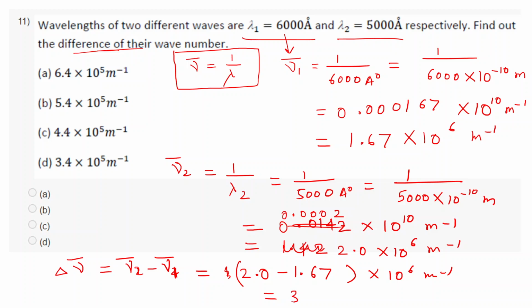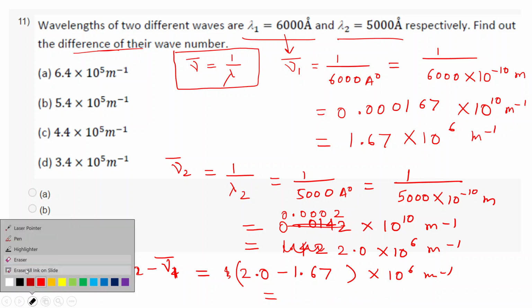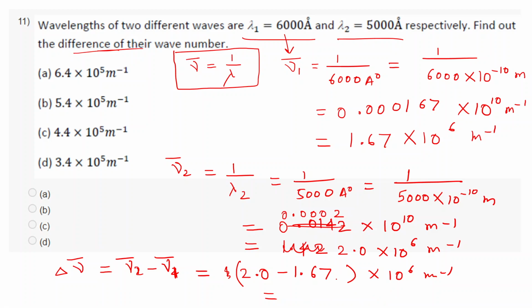So when I subtract this, I'll get 0.33 times 10 to the power 6 meter inverse.